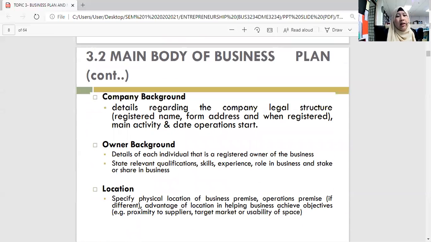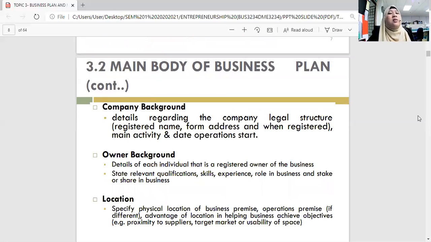They also have the company background, with details regarding the company legal structure, for example the registered name, the firm address, and when it was registered. And this is very important, and I highlight to my students that you should put the real name, meaning the registered name, and of course the address really exists and was not created by you.